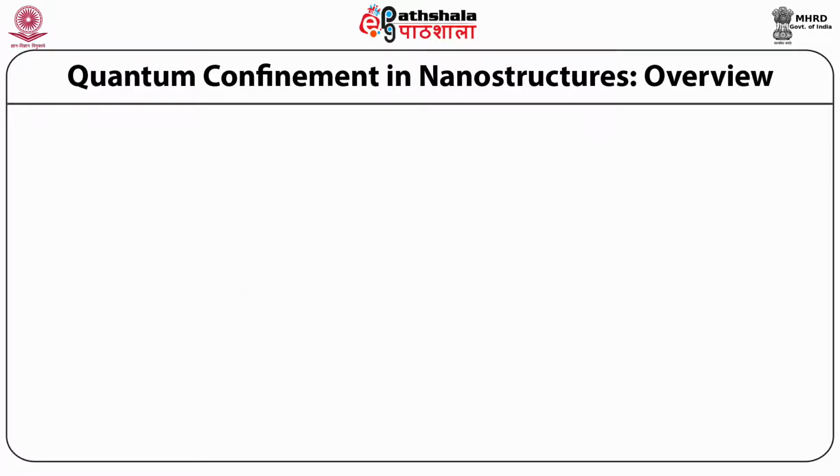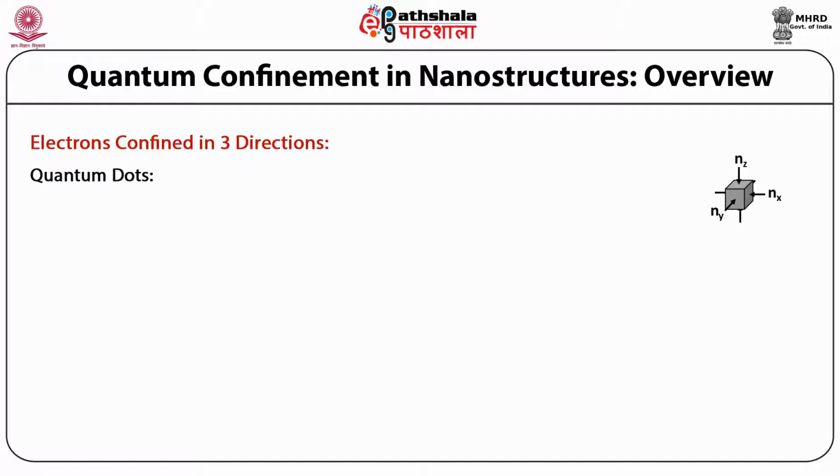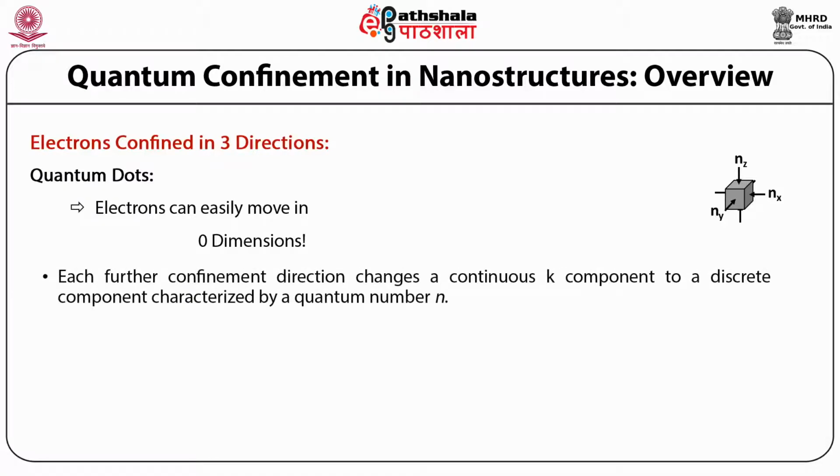Next is electrons which are confined in 3 directions, that is a quantum dot, where electrons can move in 0 dimension, as shown in this figure. So each further confinement direction changes a continuous k component to a discrete component characterized by a quantum number n.